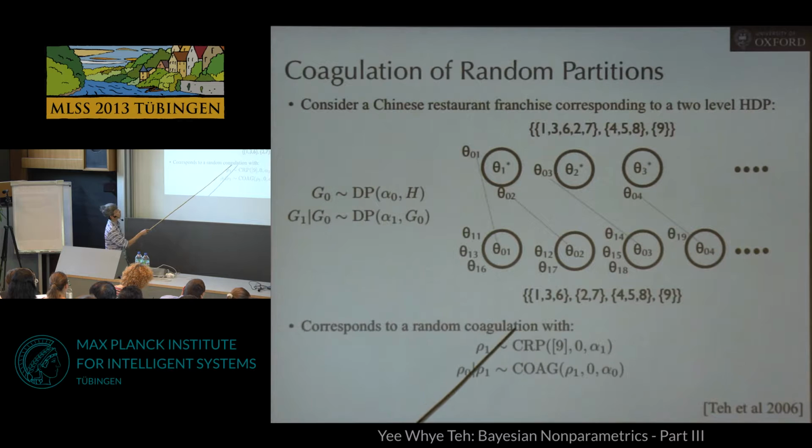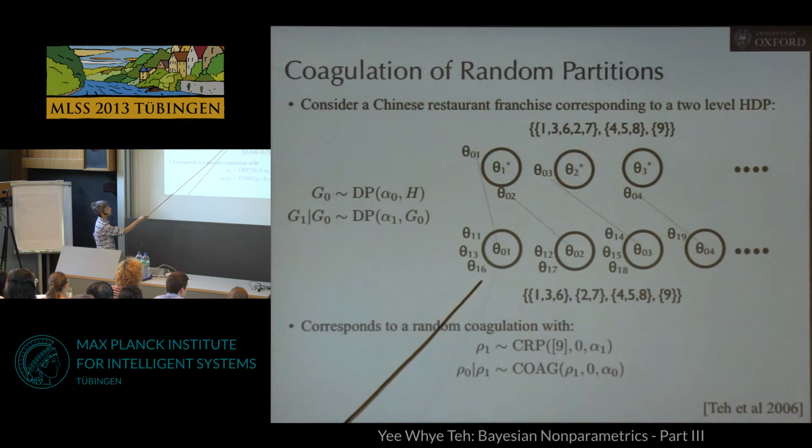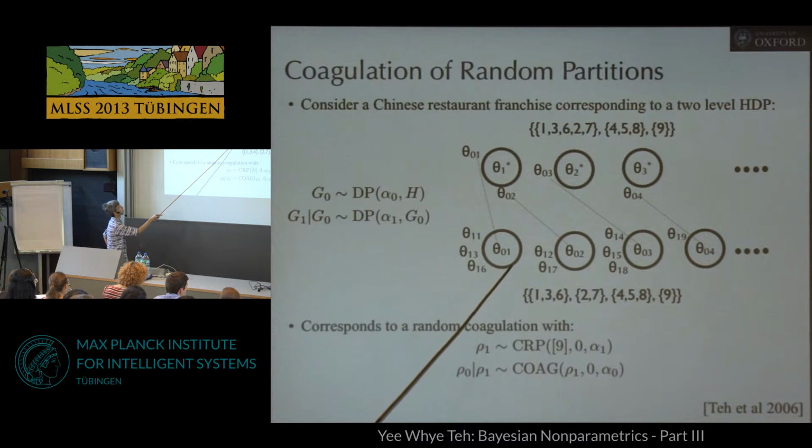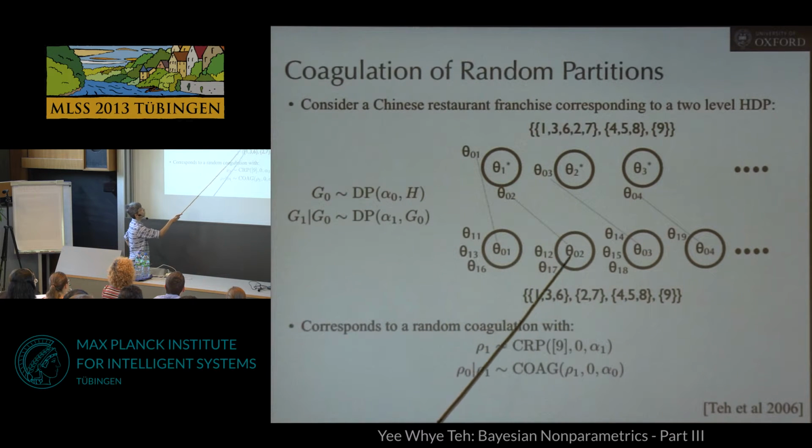So for example, if you have 9 draws from G1, then you may have theta 11 until theta 19, and then they might be clustered according to this CRP into 4 different tables. And what we know is that at each table, we're going to associate each table with a draw from its base distribution G0. Okay? So we're going to have 4 different tables. What that means is that we're going to have 4 IID draws from G0.